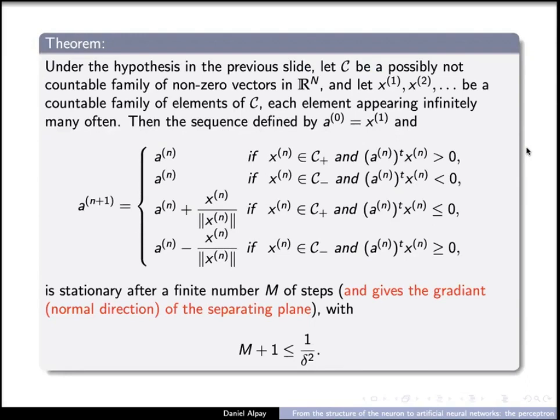Otherwise, each time you're on the wrong side, you add or you remove, depending on whether your classification was wrong. And this gives you a sequence A0, A1, A2, and the idea is that after a bounded number of steps, it's stationary.